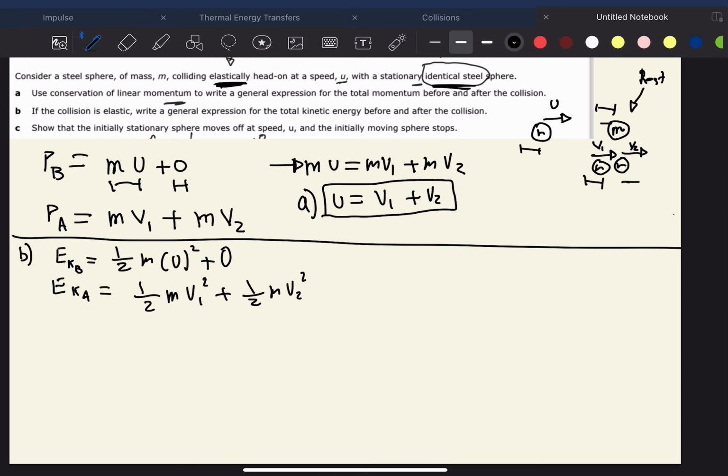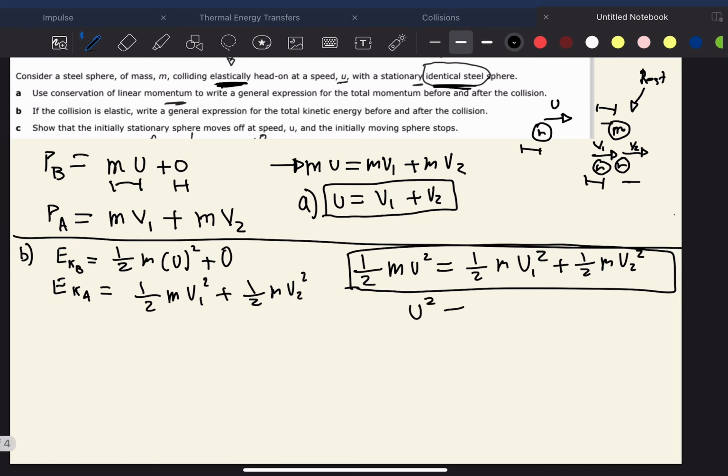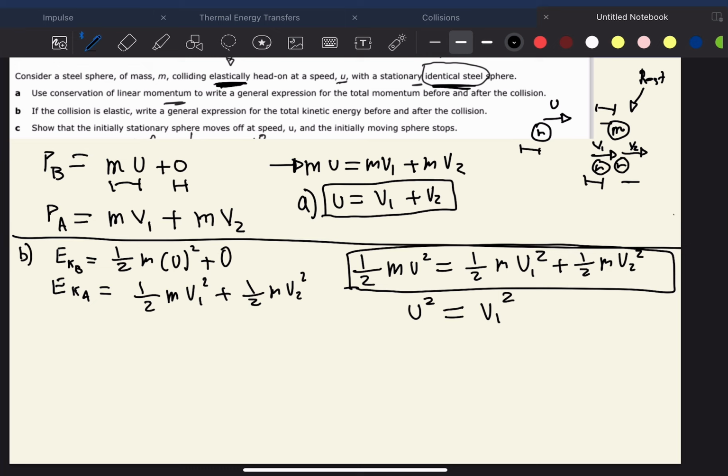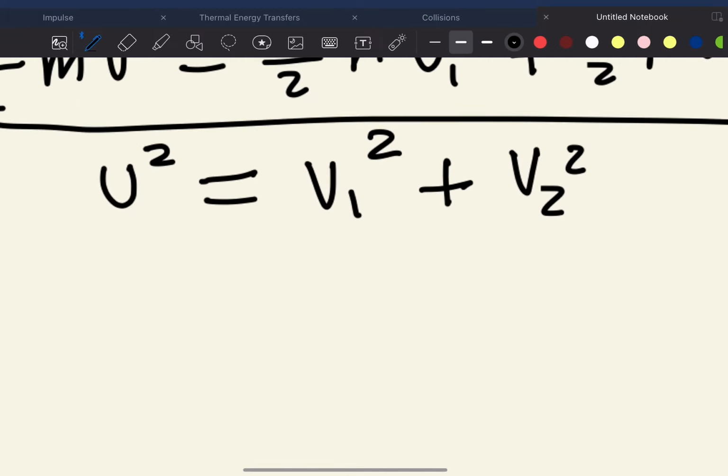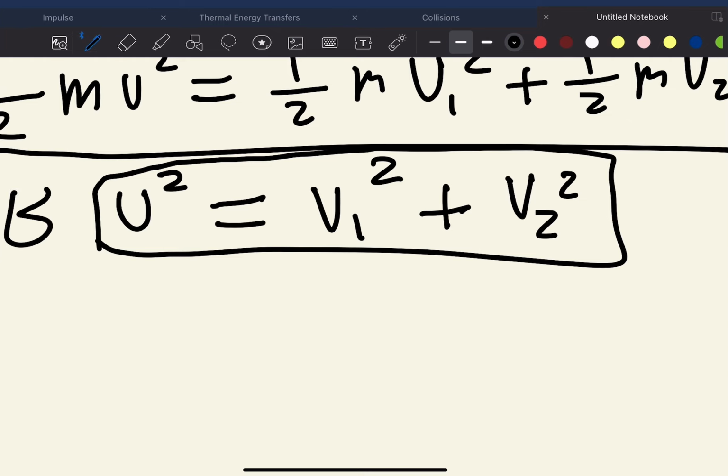Now if we equate both, I will get 1/2 m u squared equals 1/2 m v1 squared plus 1/2 m v2 squared. So that is the answer to letter B. And from here I can get another equation. If I cancel out common terms, I will get u squared is the same as v1 squared plus v2 squared. And this is the equation. Let's call this equation B.